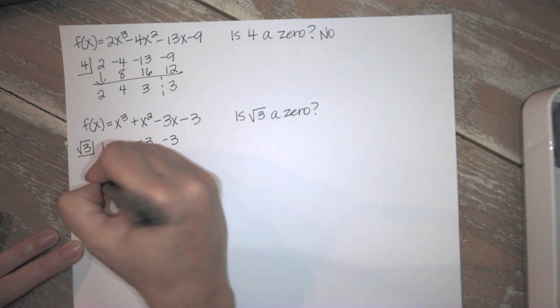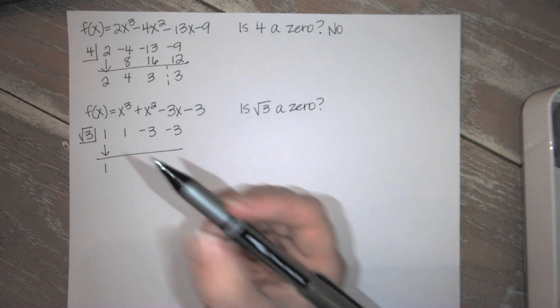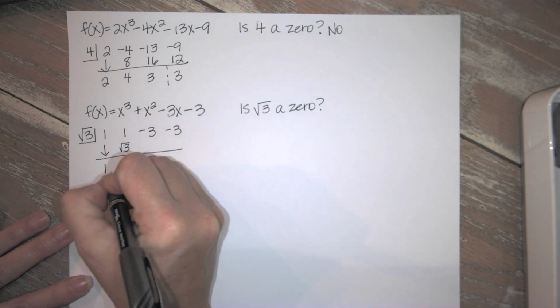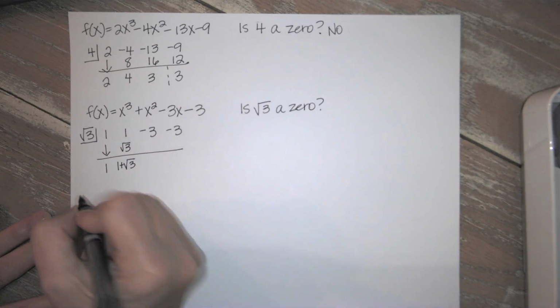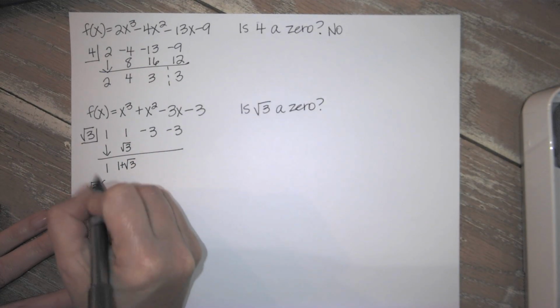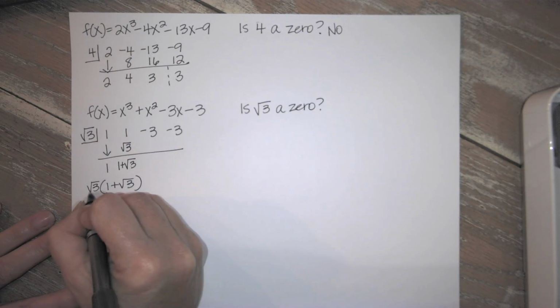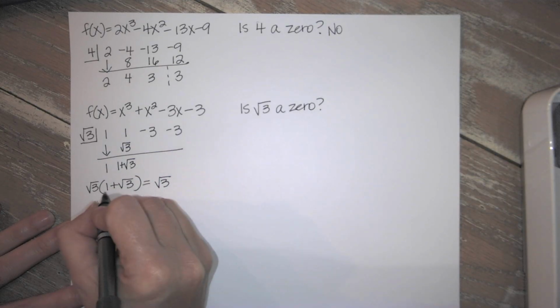Do synthetic division. Now it's a little bit more difficult with the radical, but we can do it. 1 times the square root of 3, square root of 3. When we combine these, we get 1 plus the square root of 3. We have to multiply that by the square root of 3, so I'm going to do it down here. Distribute. Square root of 3 times 1 is square root of 3.